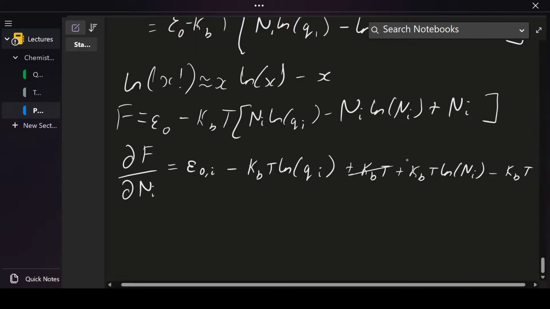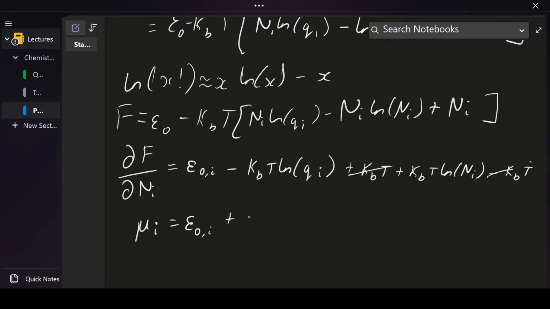And so these two terms are going to cancel out, and we can combine our logarithms to get the formula mu_i is equal to epsilon naught of i plus kBT multiplied by the logarithm of n_i over q_i.